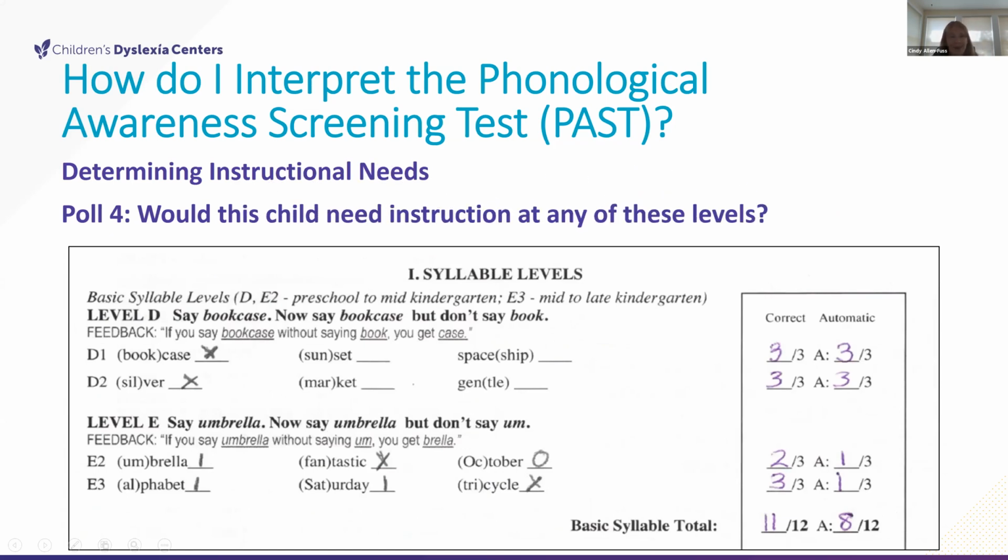Okay, here's our next poll. Think about this. Would this child need instruction at any of these levels?